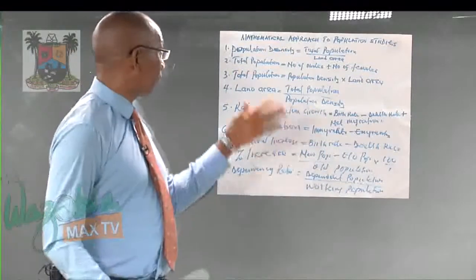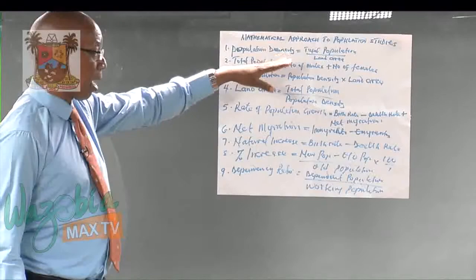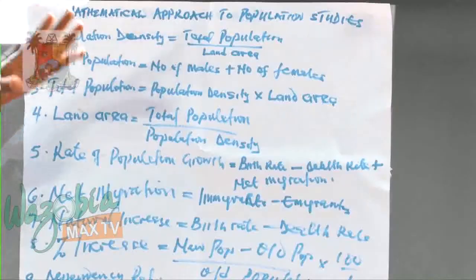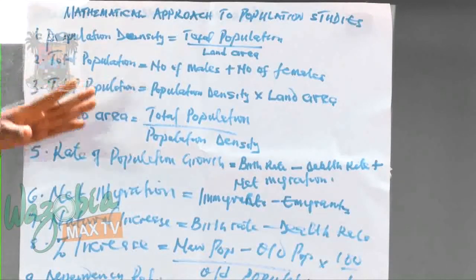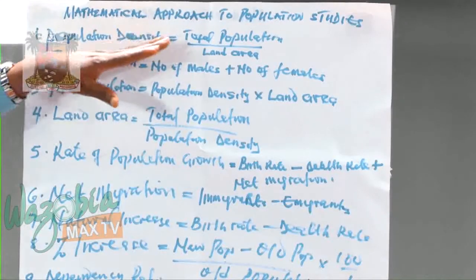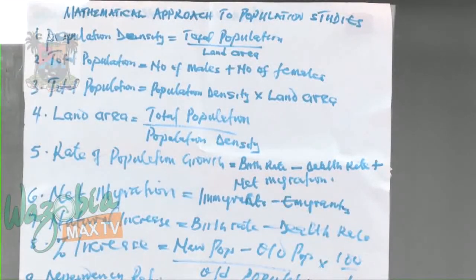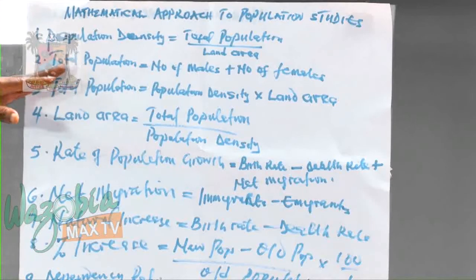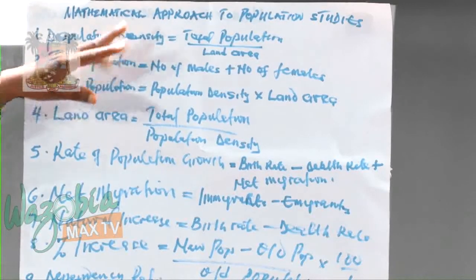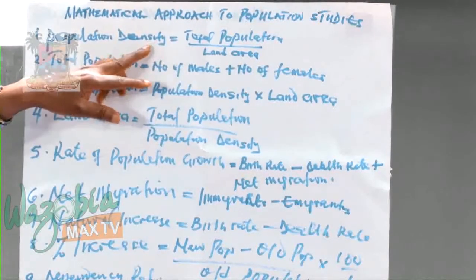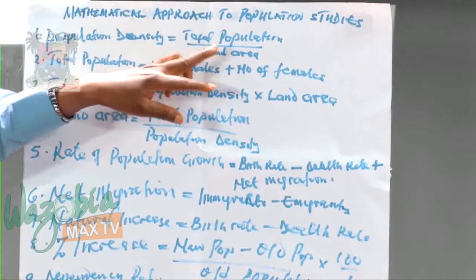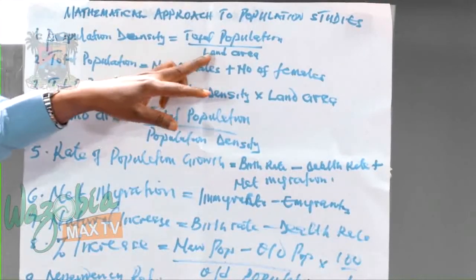Then we have the mathematical approach to population studies, as when we do census. Like in the exam, some of you that want to write SSCE, they can ask you to calculate population density. In order to get population density, it will be total population over land area.